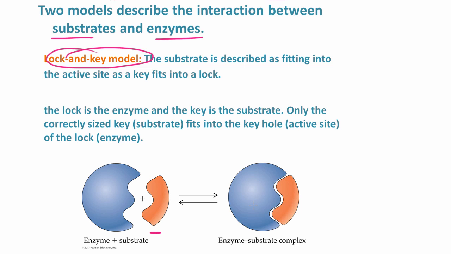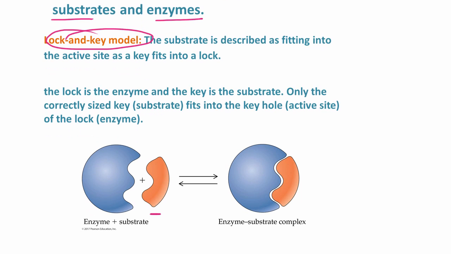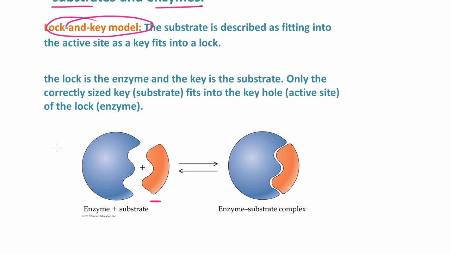So only the correct sized or shaped substrate is going to fit into the active site of the enzyme. So we think of the enzyme as being very rigid at that active site, the same with the substrate. So we have this rigid key going into this rigid active site.